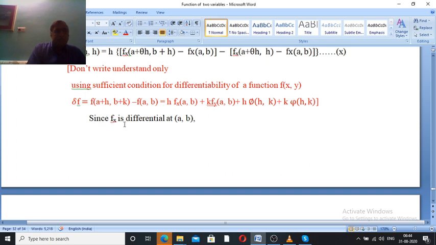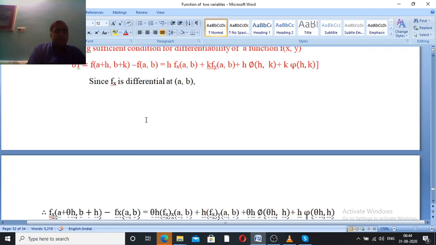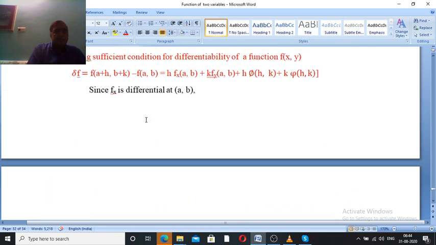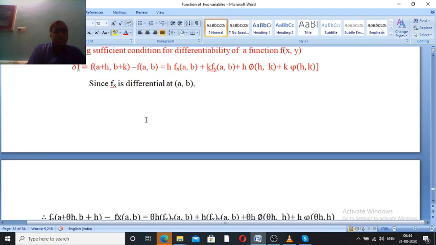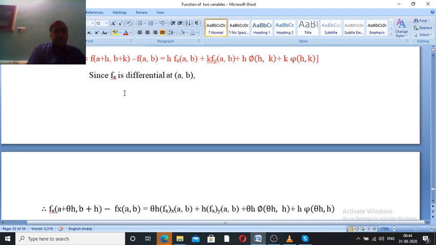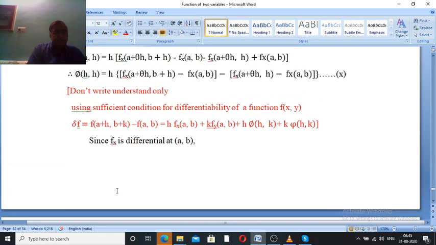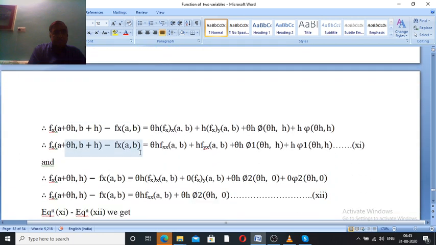Since it is given fx is differentiable at point (a, b), therefore, from equation 10, this is the first difference, this is the second difference, and it is given that fx is differentiable at point (a, b).